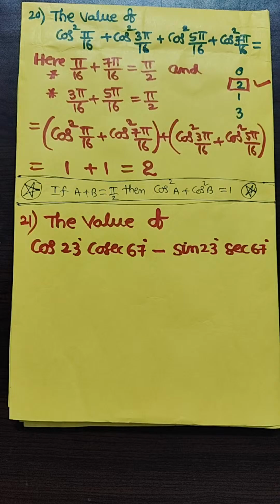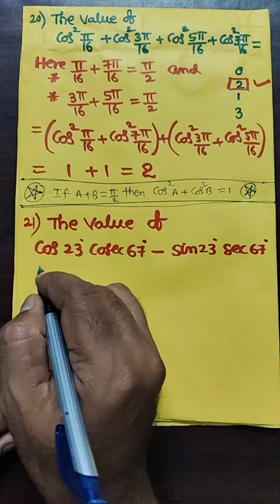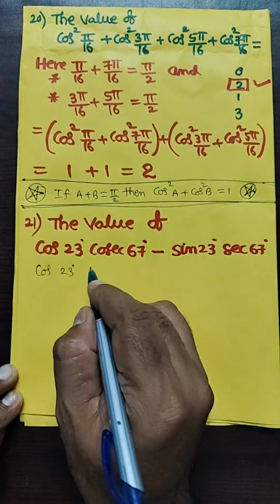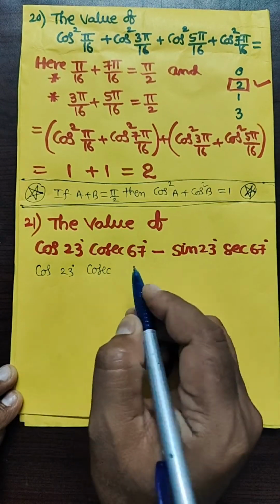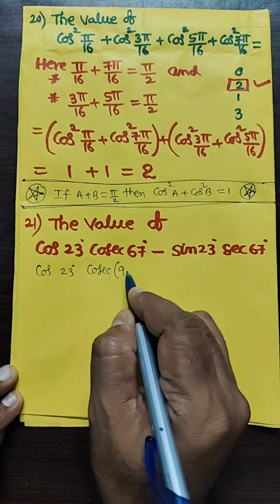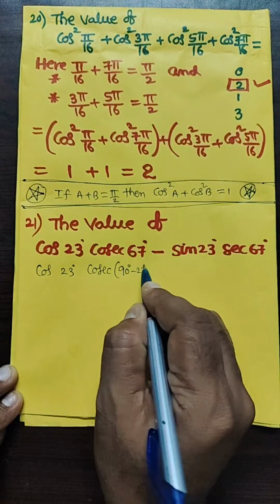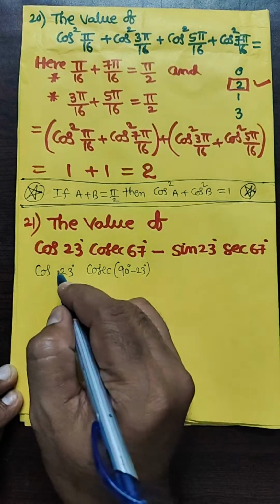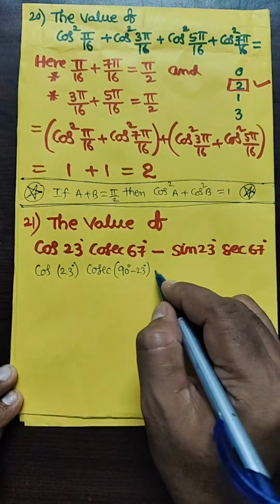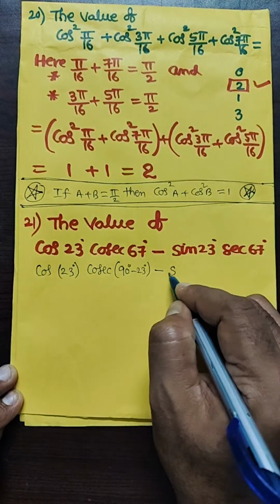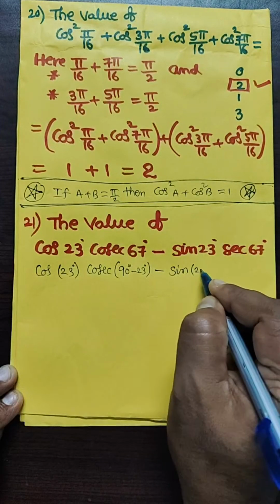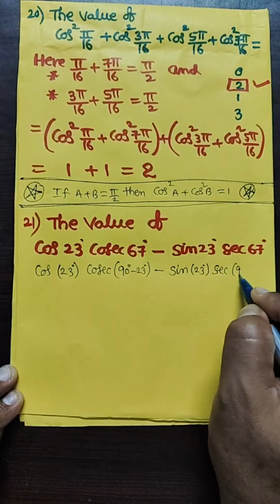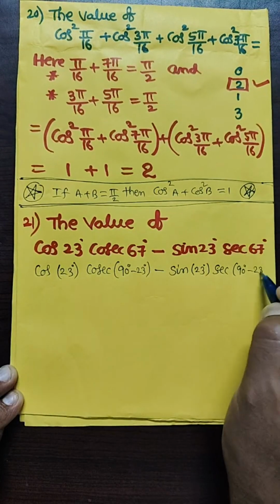See in what way we will. So cos 23 degrees, cosecant of 67 degrees can be written as 90 minus 23. Am I right? Is it possible to express? We can express. Here cos 23 degrees is there. Minus, even here also, sin of 23 degrees, secant of 67 can be written as 90 minus 23 degrees.